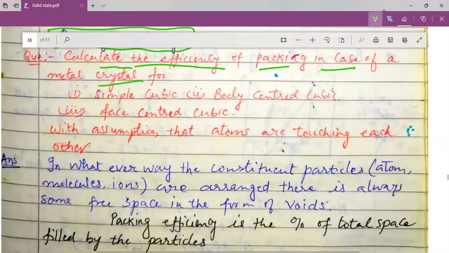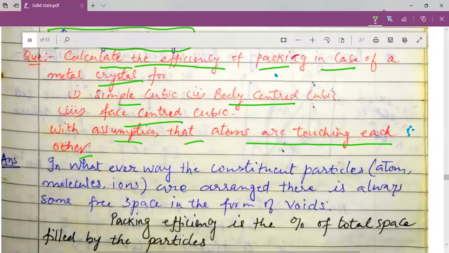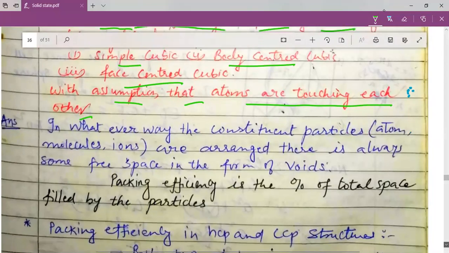One is a simple cubic unit cell, then body centered, then face centered unit cell. So we want to calculate the packing efficiency for these three types of unit cell with the assumption that atoms are touching each other.